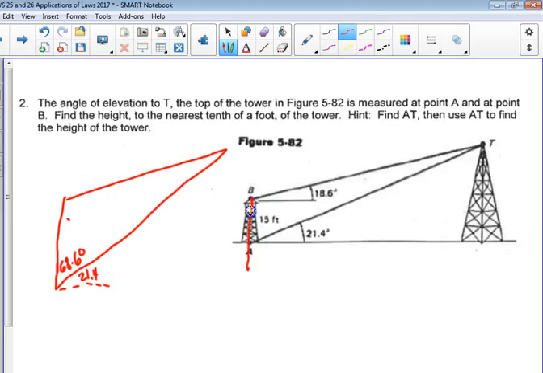Up here, we have a 90 plus 18.6, right? And then if you subtract from 180, you get a little 2.8 out there. The issue is we're really trying to find this height. Clearly that is a straight up and down height on a very windy day.